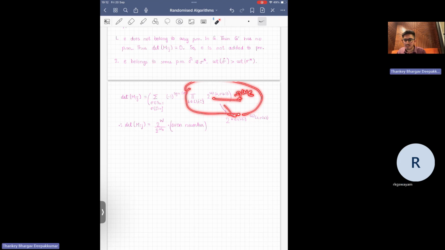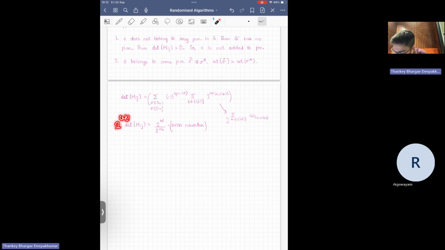Because this is the weight of some perfect matching, but that perfect matching is not sigma star, so it is not the unique minimum weight perfect matching. So its weight must be at least W plus 1, right?